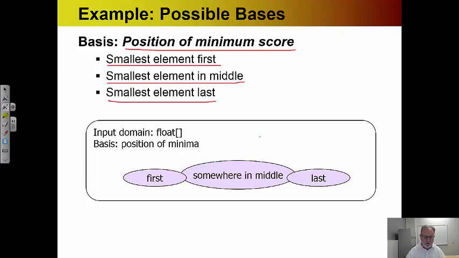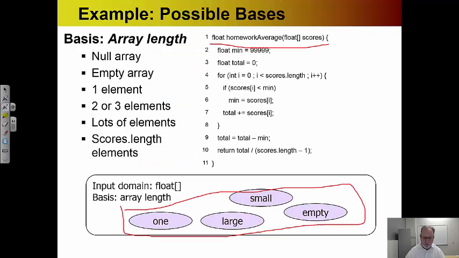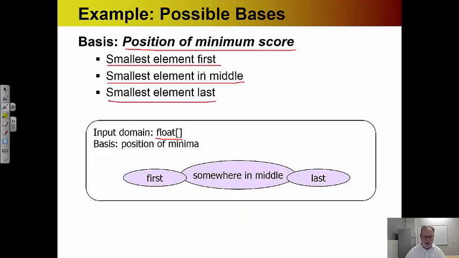I should have separated those. These identify different equivalence classes, different partitions, based on just considering where the minimum score is in here. Again, I didn't need to know the code for that. I just needed to look at this, and just by my knowledge of what an array of numbers is, I can now consider and explore.